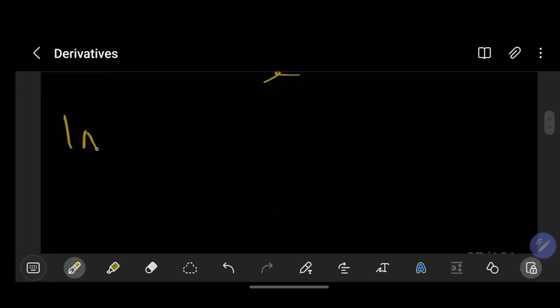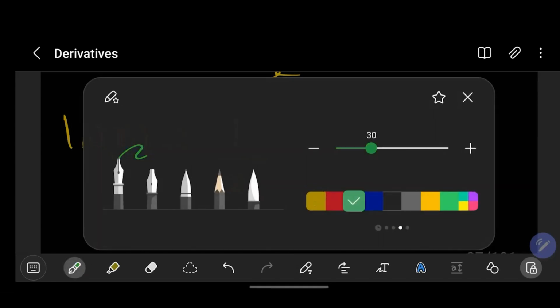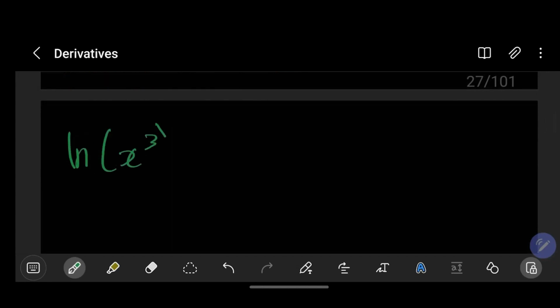So if we have ln of x, that's basically equal to f prime, so the derivative of x is 1, all over f of x, which is x. Okay, let's take a few more examples. Let's look at ln of x cubed.